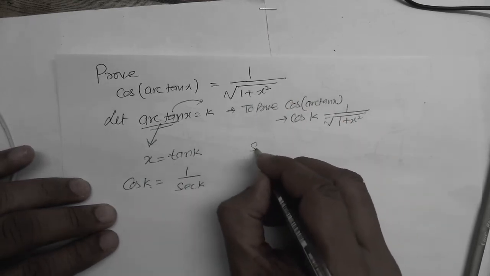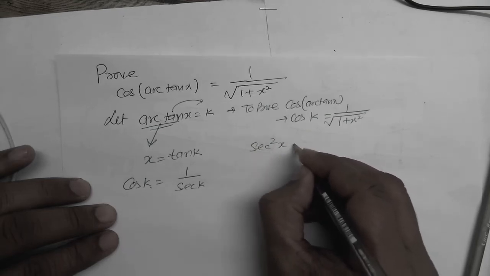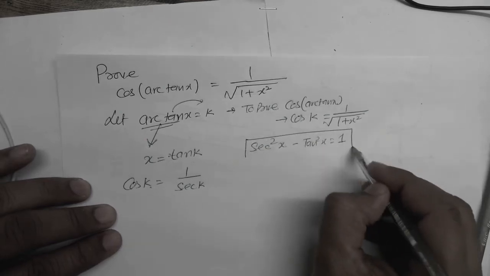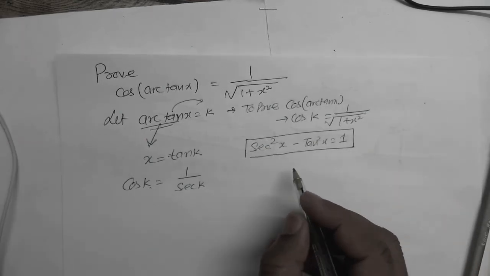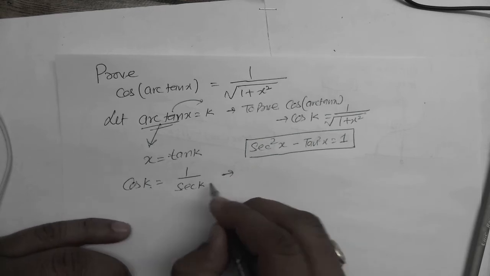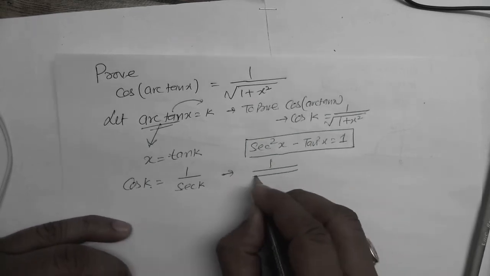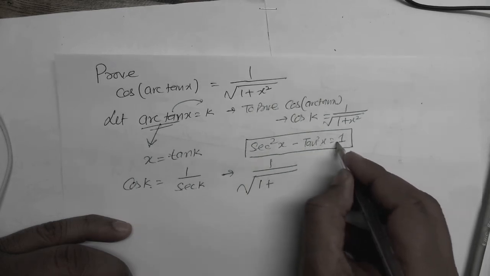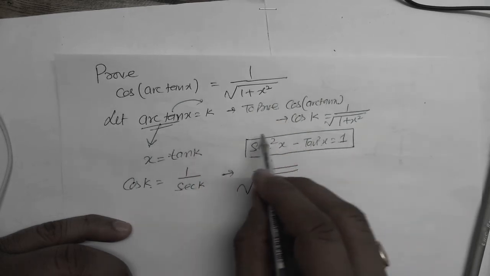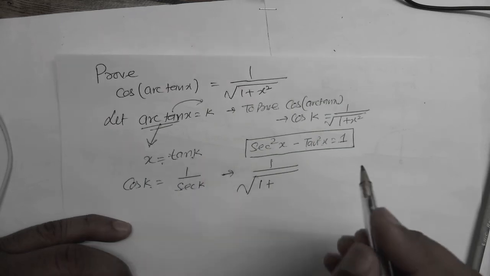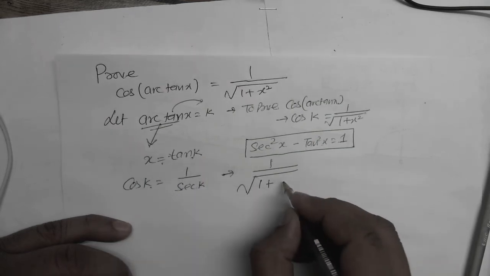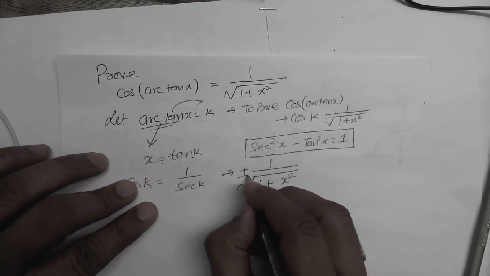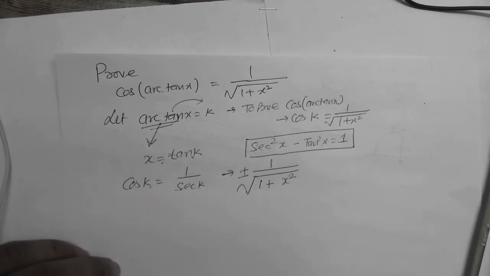If you remember, sec squared x minus tan squared x is equal to 1, right? So I'm going to be using that relationship, which is sec is the square root of 1 plus tan squared x, and tan k is x. So 1 plus tan squared means 1 plus x squared, and plus and minus. So we're looking for cos k is equal to plus minus this.